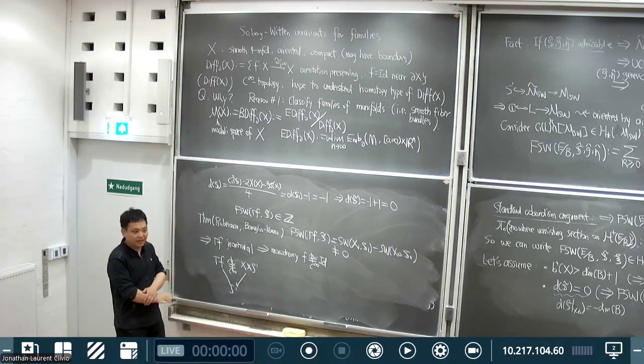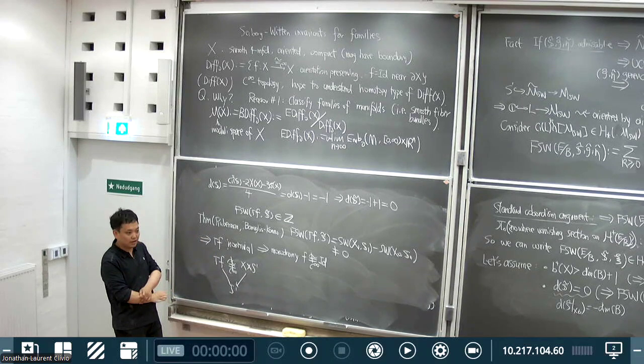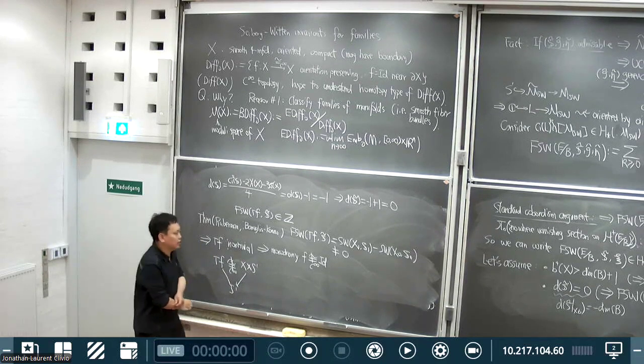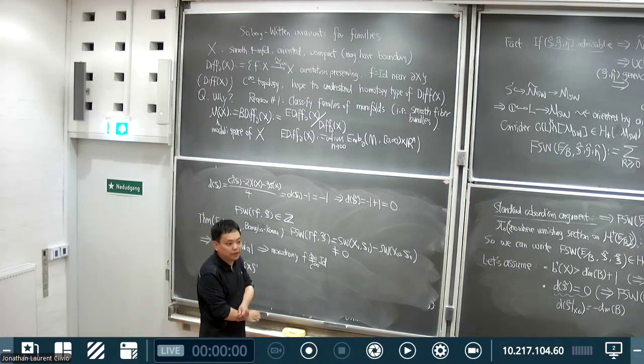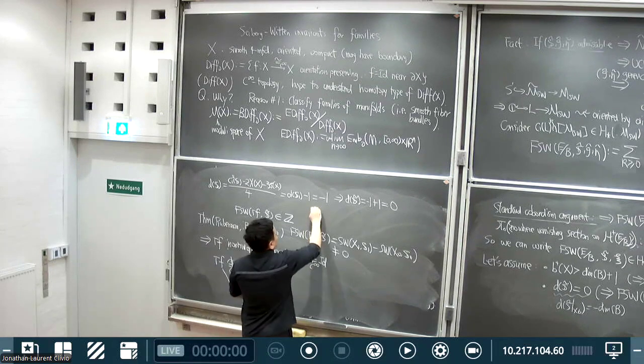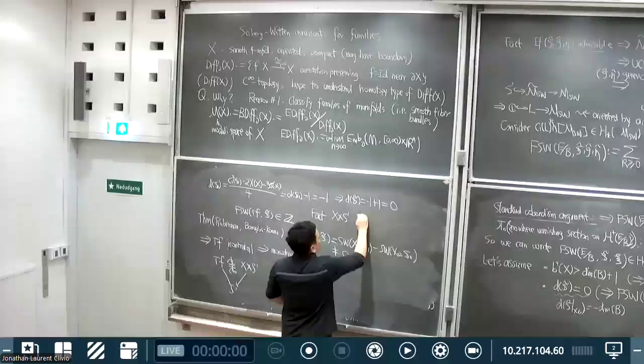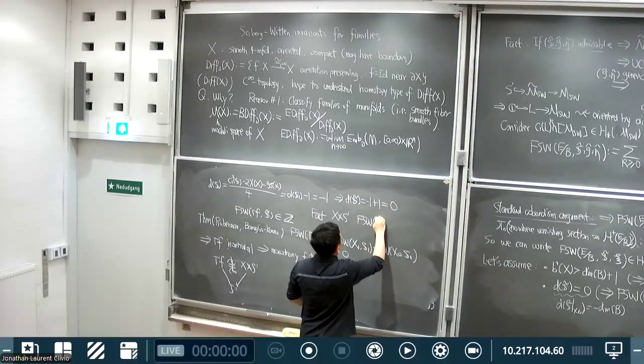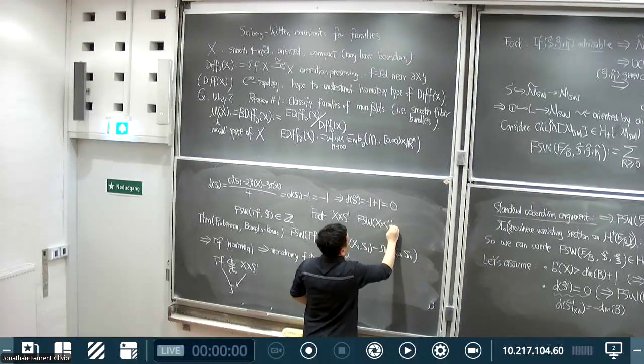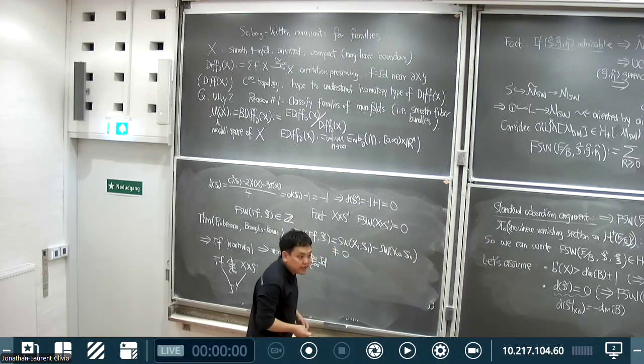Yes, we need the statement that X times S1 has trivial family Seiberg-Witten invariant. That basically follows from the fact that if you have a trivial bundle, the family Seiberg-Witten invariant is 0. This is actually easy to see. Why is that?